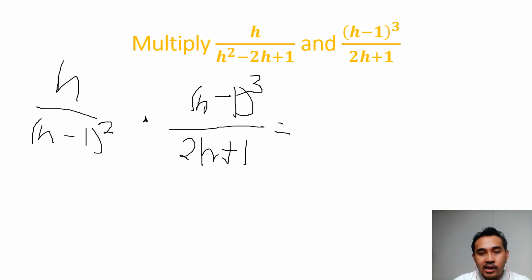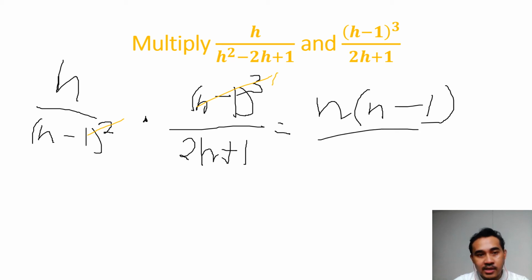So you can cancel this one, it's 2, then this would be 1. So you have h times h minus 1 over, this is 1 already, so you have 2h plus 1.